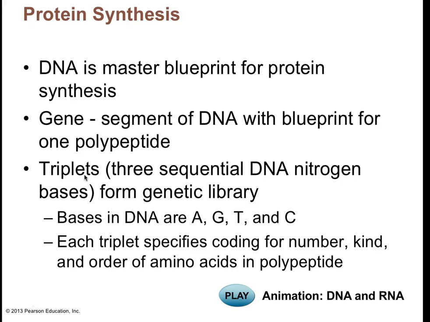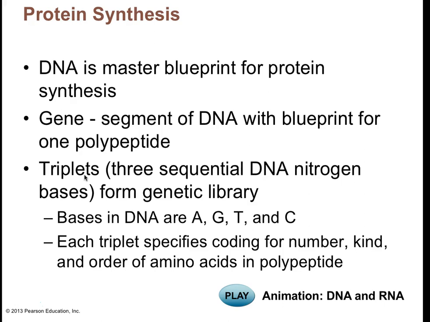And there are about 20 different types of amino acids, so you can make all different types of protein. And the code, the genetic code, is actually a series of these 3 nucleotide triplets that represent different amino acids, so that you're going to have that in the DNA.